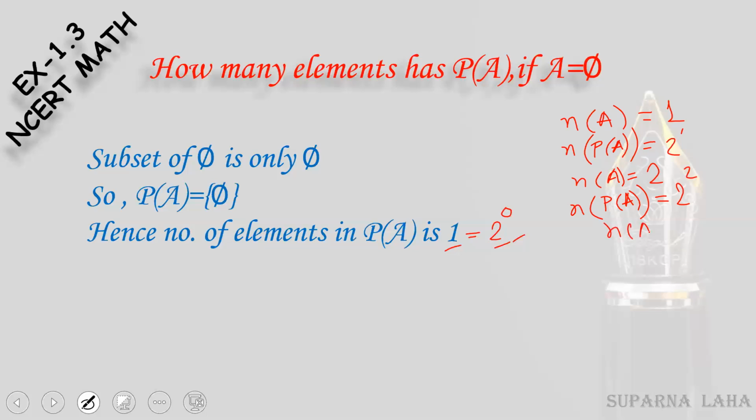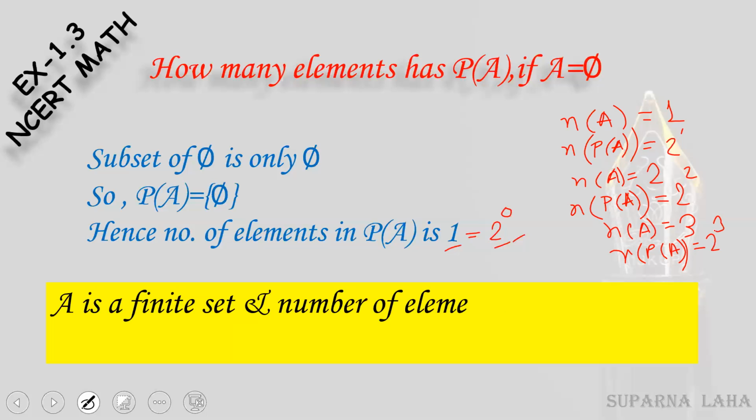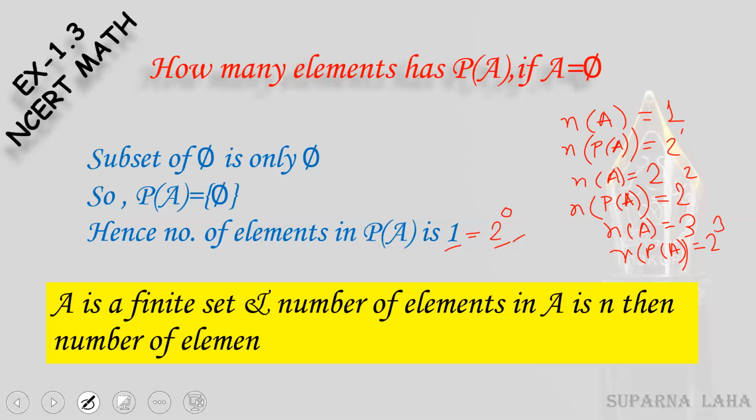If the number of elements in the set is 3, the number of elements in the power set is 2 cubed, that is 8. So from here you can say that if A is a finite set and the number of elements in A is n, then the number of elements in the power set of A is given by 2 to the power n, right? You can prove this by the process of mathematical induction. You can prove it too.